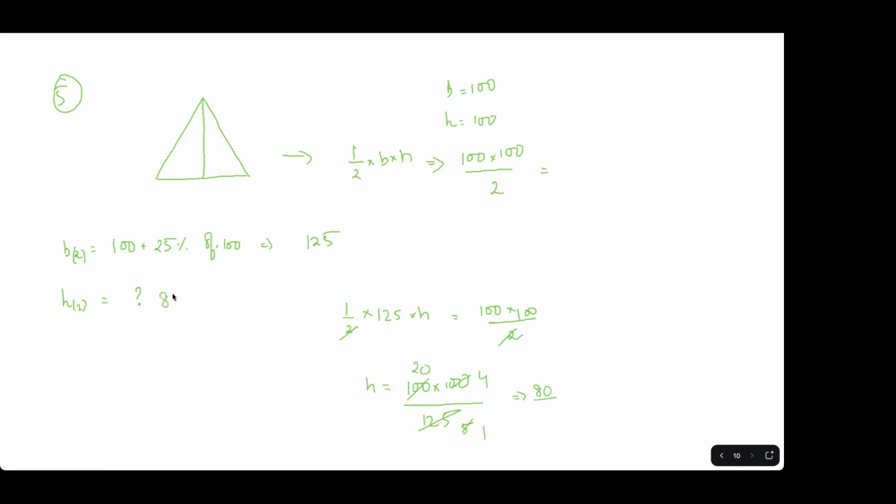Now that it is 80, and before it was 100, how much have we reduced? It reduced by 20%. 100 minus 20% of 100 gives 100 minus 20, which is 80. Correct? So decrease by 20%. Understood?